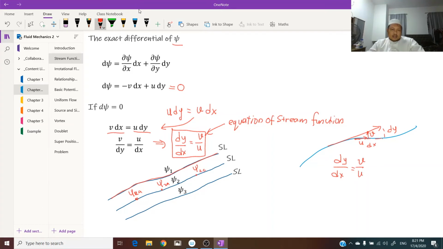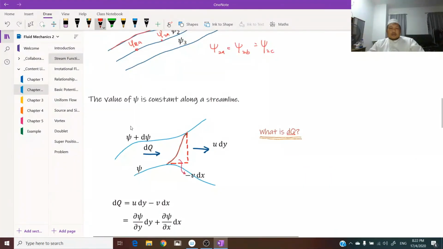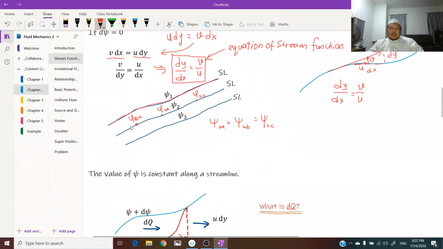So in this case, psi a equals psi b equals psi c. So this is the stream function, which is constant along the streamline.